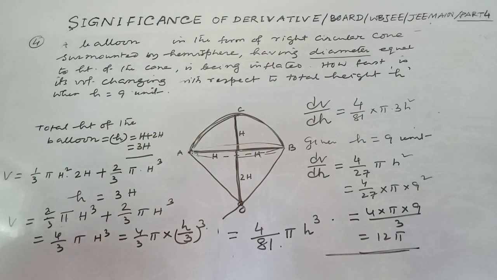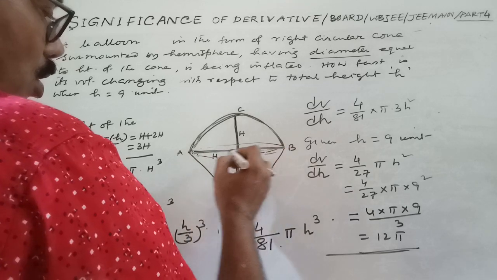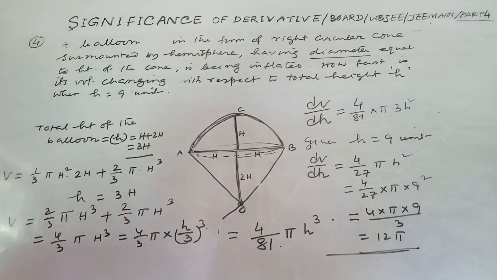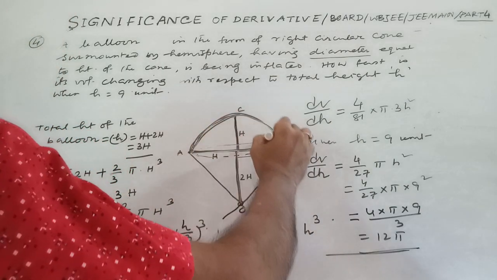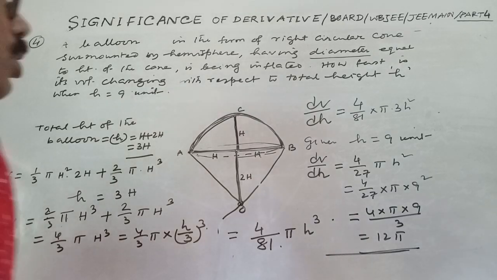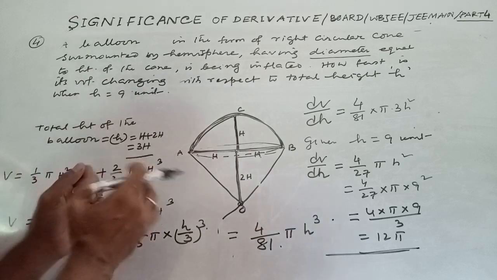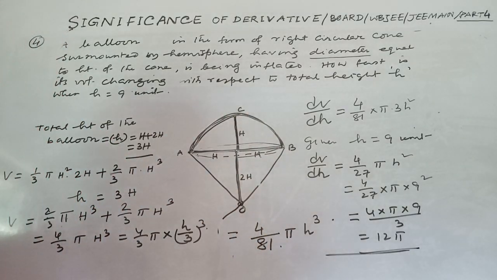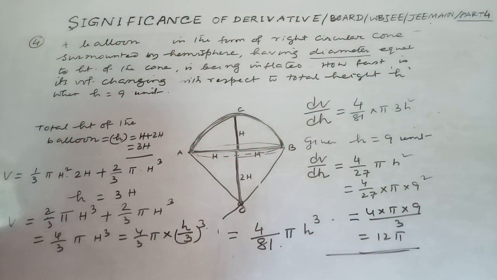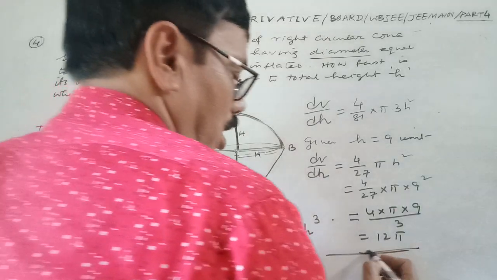A balloon in the form of a right circular cone of diameter equal to height. So we are taking diameter as 2H, so height is 2H, surmounted by a hemisphere. You have to find the rate of change of volume as it is pumped, with respect to height. That is why we are finding total volume, then expressing volume in terms of total height, then performing the derivative dV by dh, and this is our final answer.